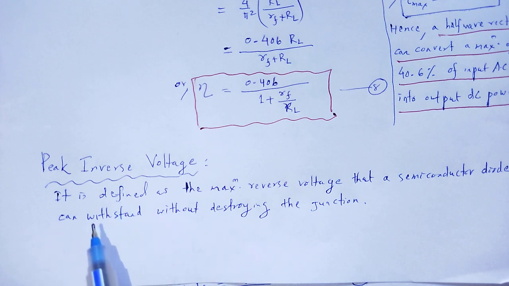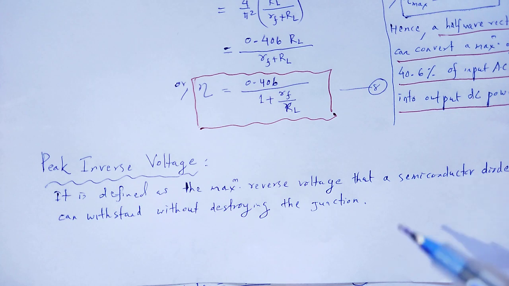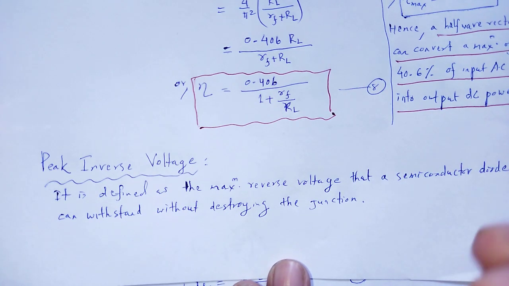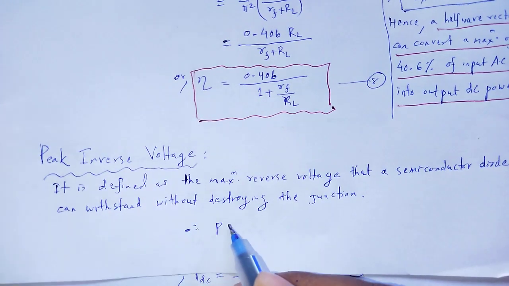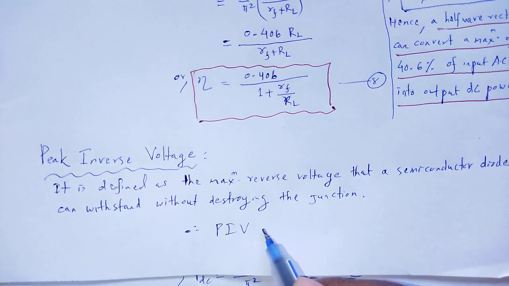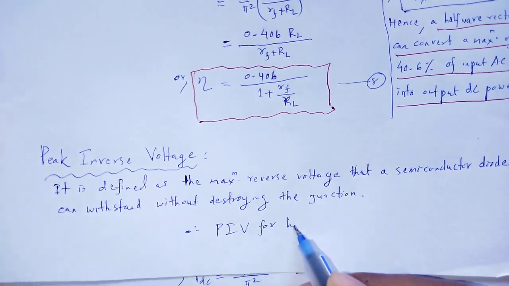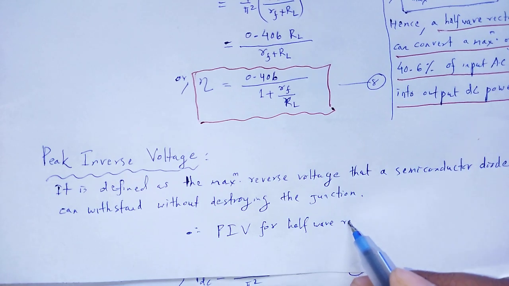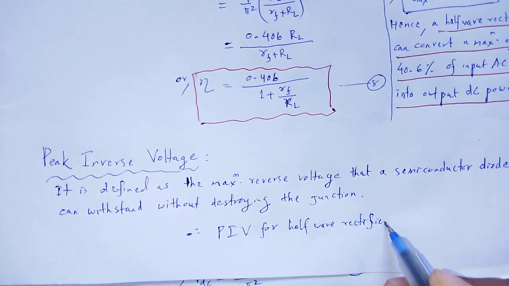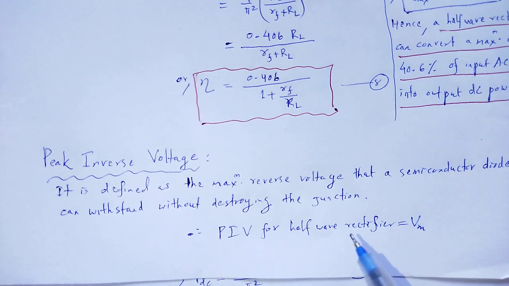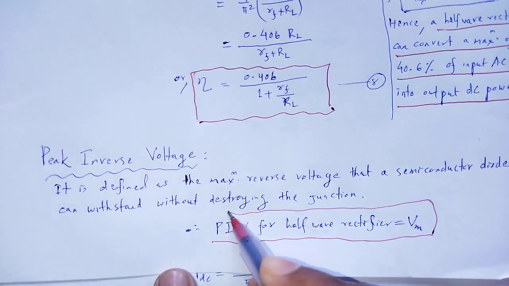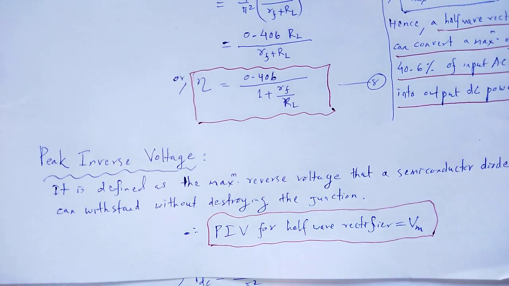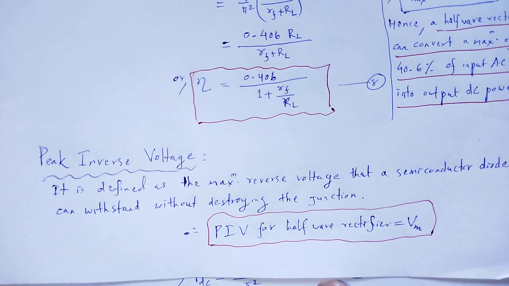Here the maximum voltage across the secondary coil of the half wave rectifier is Vm. Therefore, the peak inverse voltage for half wave rectifier is equal to Vm, the maximum voltage across the secondary coil.